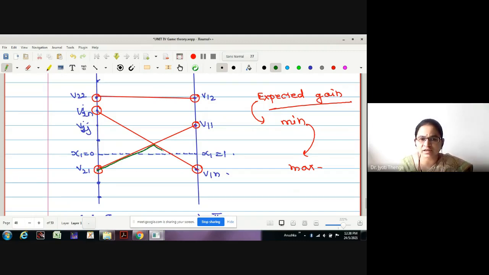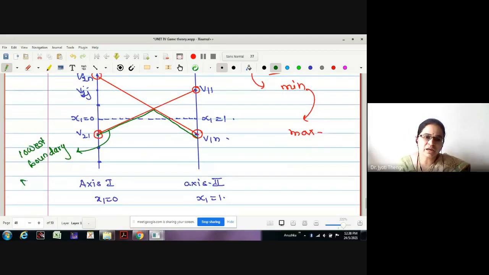All the remaining gains lie above this line. Therefore this is my lowest boundary, and it represents the minimum expected gain.